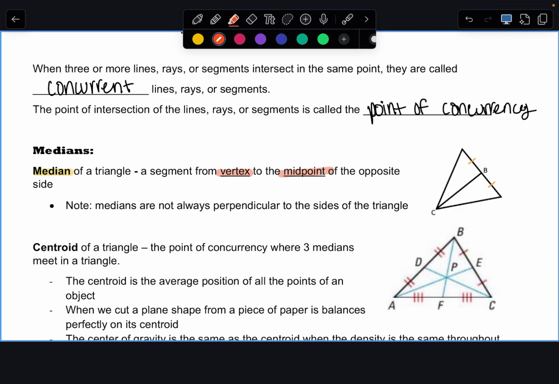This point that they all intersect at, that's a point of concurrency, and there's a special name for it that I'll go through in a second, okay? But this segment right here starts at a vertex, hits a midpoint, because it breaks it up into two congruent pieces. So CB right here is a median. CB is a median of that triangle.